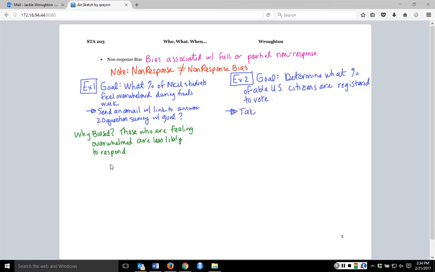So I'm going to take my sample, and I'll make sure I take it across the United States so I don't have a region thing going on. And I'll make sure they are eligible voters, so making sure that they are part of my population.